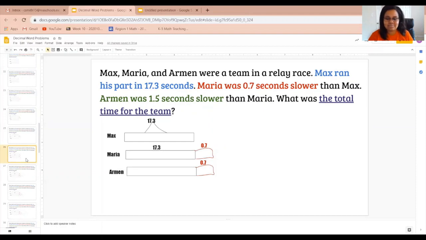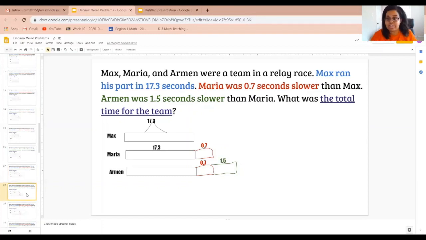Any ideas? If you say I needed to add a little bit more on, you're right. I need to add some more on to Armin's bar because he finished 1 5/10 slower than Maria. So I'm going to add some onto his bar. And then I'm going to label that additional part that I added as 1 5/10.